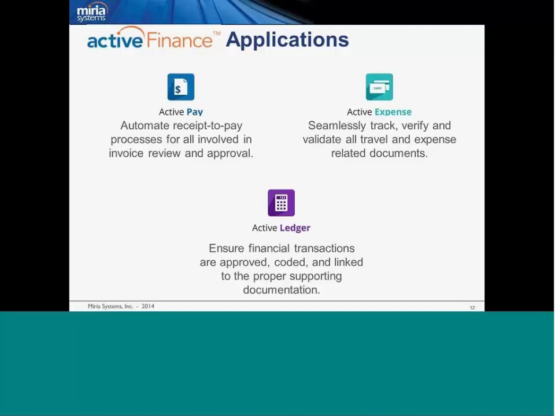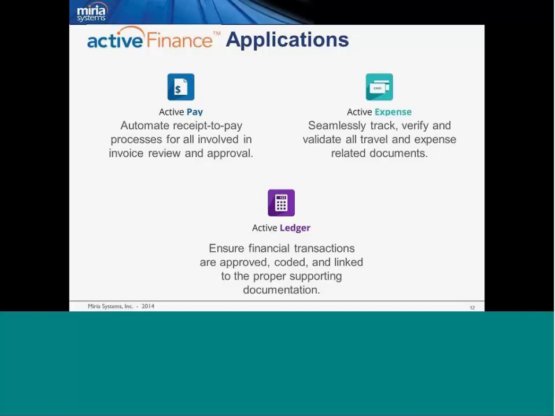So under the heading of Active Finance, there are 3 specific applications now offered within what you will look at as ManagedPay. First of all, there's ActivePay, which is a direct replacement for the accounts payable functionality. We also offer ActiveExpense, which is a modular expansion of the system.